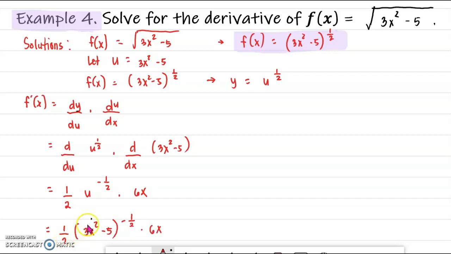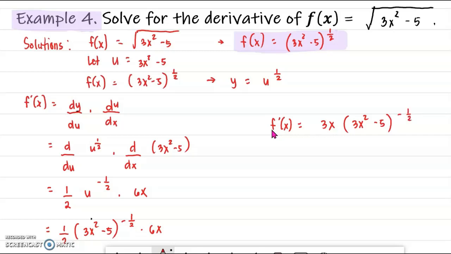Now looking here, we can see that we can simplify, or we can divide 6x by 2. So f prime of x is equal to 3x times the quantity 3x squared minus 5 raised to negative 1/2.